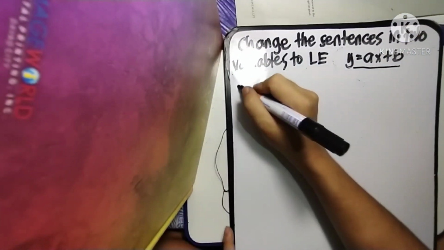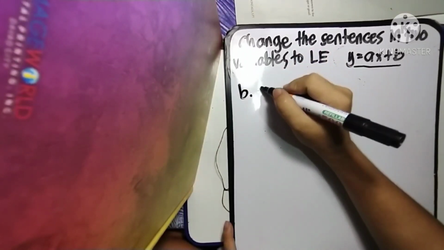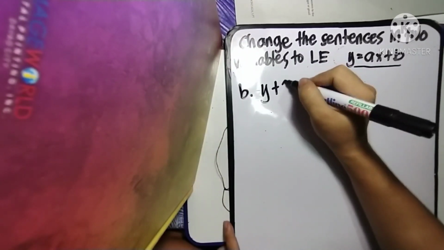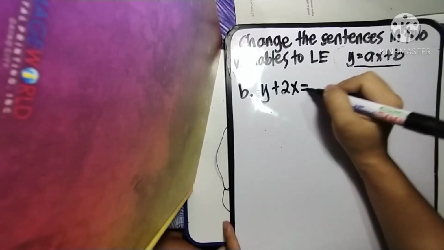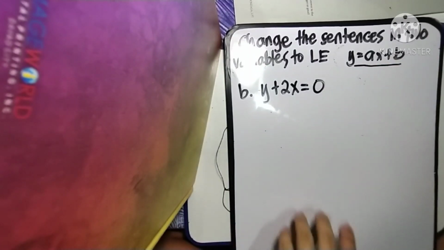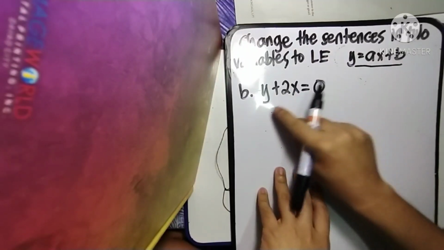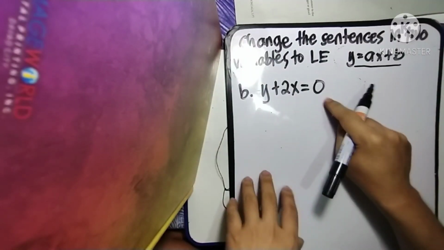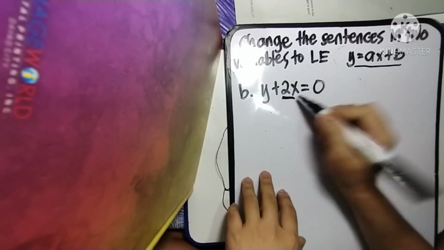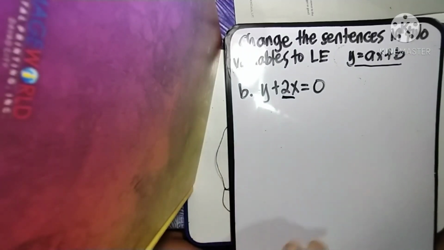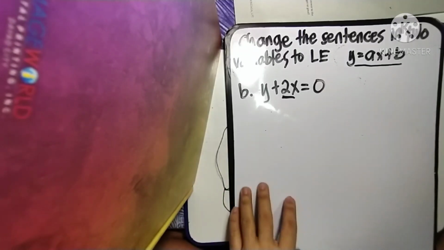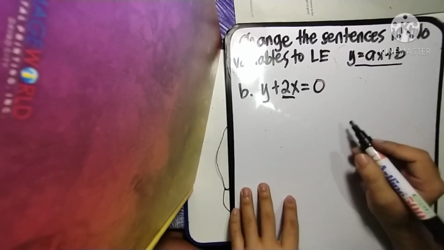Okay, next example is letter B. We have y plus 2x is equal to 0. Now we need to transfer, atong i-transfer si 2x to the right side, by applying subtraction property of equality.